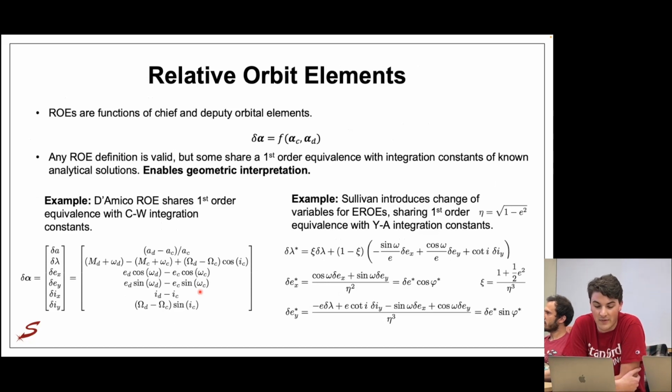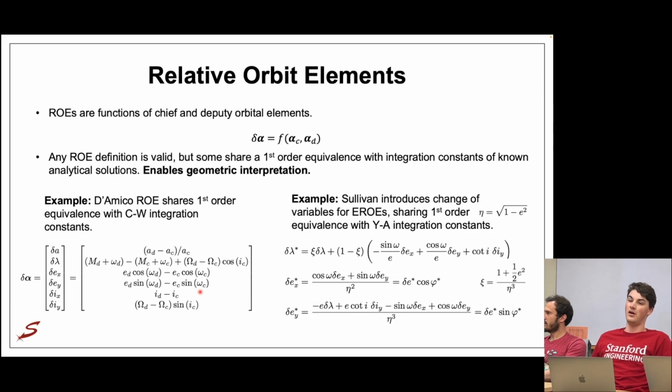But there are some ROEs that happen to share a first order equivalence with the integration constants of known analytical solutions. What that means is that, under the closeness of spacecraft assumption, you can essentially substitute these ROEs in place of the integration constants and then just use a linear model that way, which is an interesting property. And this has been done by several people.